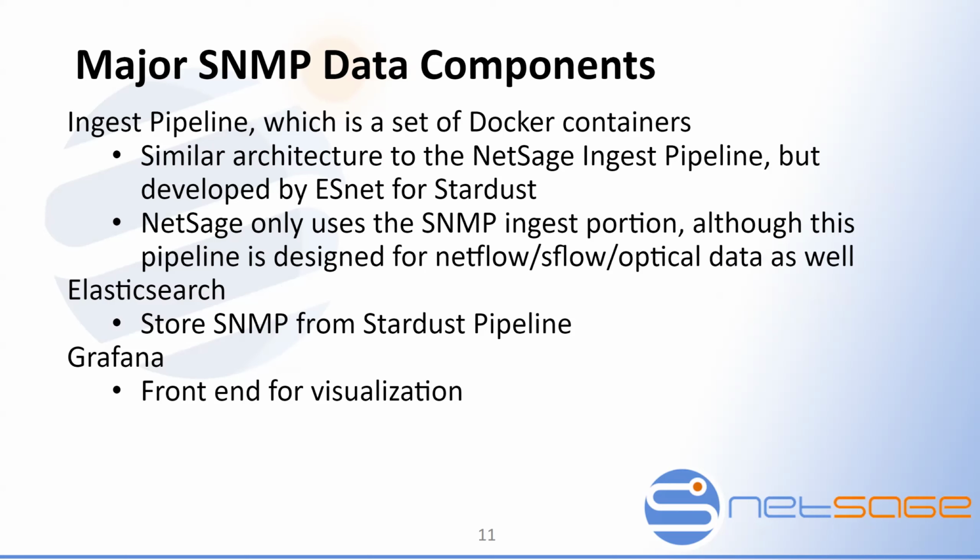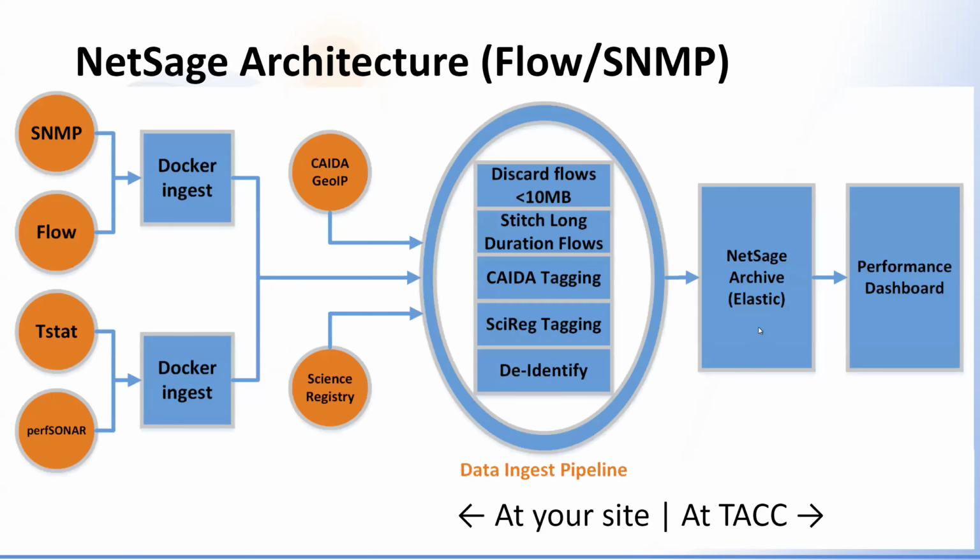We are borrowing the SNMP ingest portion of that because the way we were doing SNMP was becoming outdated, and we liked ESNet's approach. As opposed to reinventing a very specific wheel, we're just using that container. So it's a similar type of thing: we get SNMP in, it gets processed in a pipeline, then stored in Elastic and visualized in Grafana.